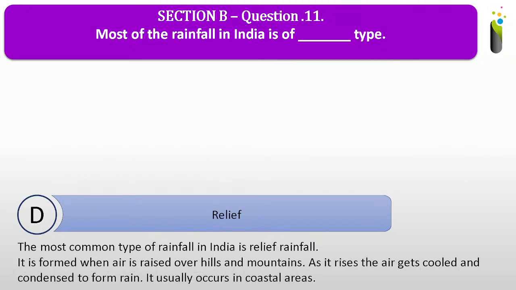The most common type of rainfall in India is the relief rainfall. It is formed when the air is raised over the hills and mountains. As it rises, the air gets cooled and condensed to form rain. It usually occurs in the coastal areas. So you'll have to remember this for relief type of rainfall. Arushi Shah and Kavya J, you were perfect in answering.